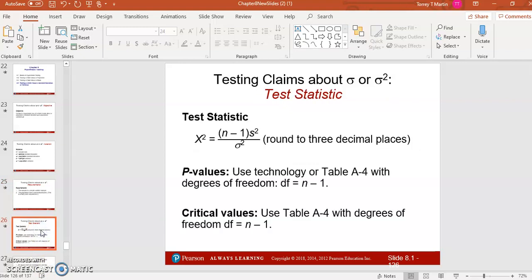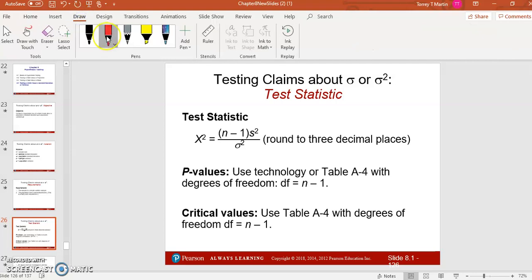Okay, so here's the formula for the test statistic. This is chi-squared. It's pronounced chi-squared.